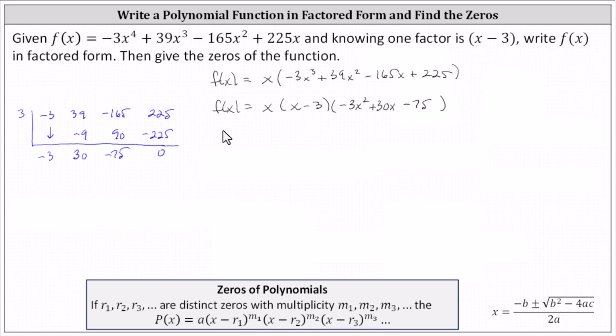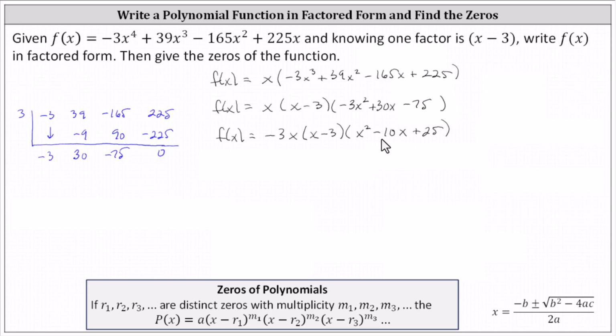We can now write the given polynomial function as f of x equals negative 3x times the quantity x minus 3 times the quantity x squared minus 10x plus 25. Notice if we distribute the negative 3, we still have negative 3x squared plus 30x minus 75.